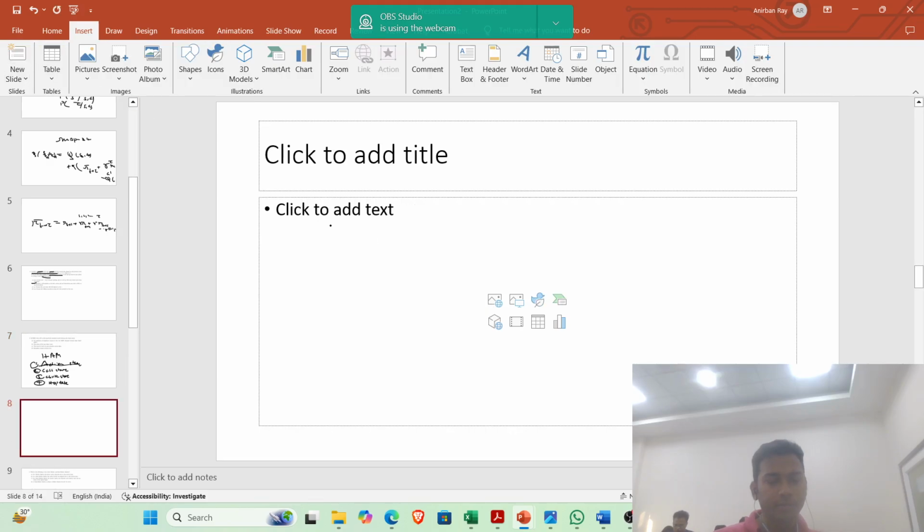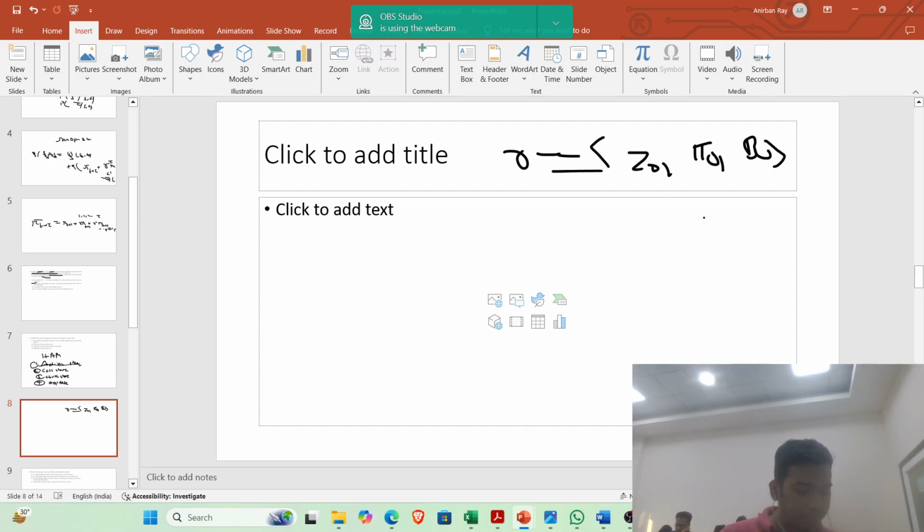To explain that, we have options, which are denoted by Z0, pi 0, and B0. You can say it is a kind of solution to the subproblems, encapsulated as a single action. So what do you mean by that?